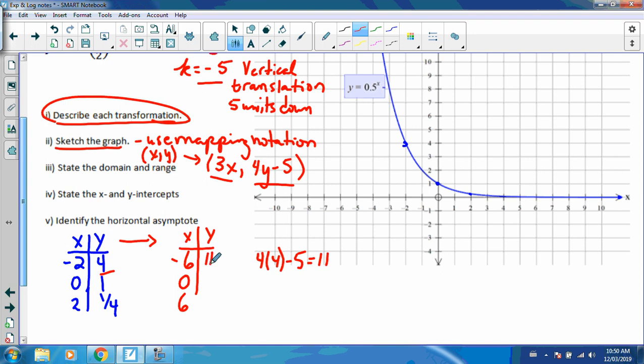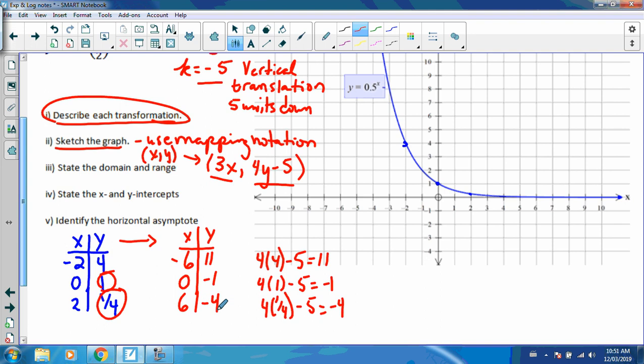So my first point is at -6, 11. Then I'm going to repeat that with this next value over here of 1. So 4 times 1 minus 5 is -1. And then I'm going to repeat it with the last value, which was 1/4. And if I do that, 4 times 1/4 is 1. Take away 5 is -4.